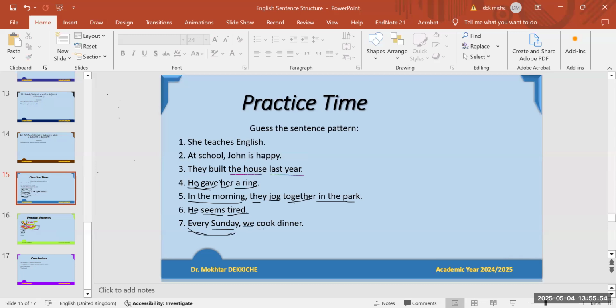We, subject, cook, verb, dinner is the direct object. We can say we cook dinner, and this is a complete, meaningful sentence. But when we add every Sunday, we have adjunct, subject, verb, and direct object.